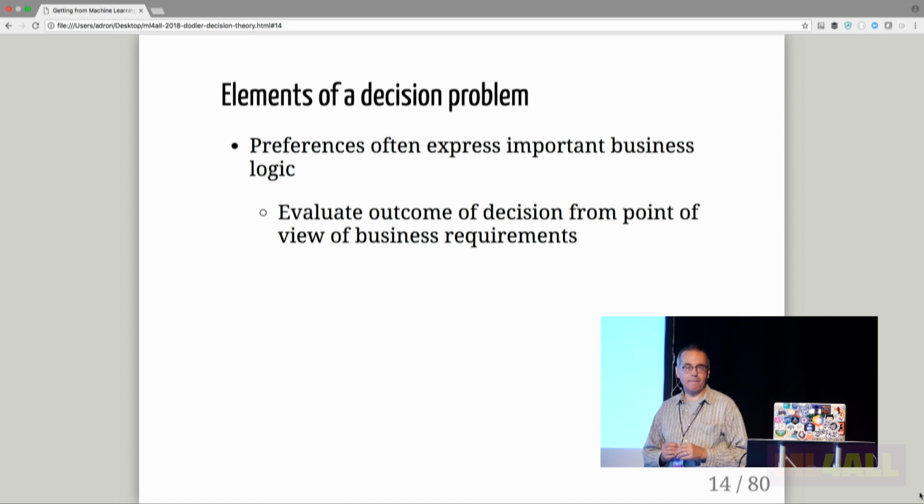So the reason that I'm emphasizing preferences here is that these often express important business logic. So the values that we attach to different outcomes, when we do that, we're expressing what we know about how the problem works, how the whole system works.